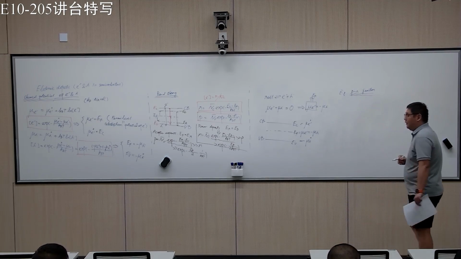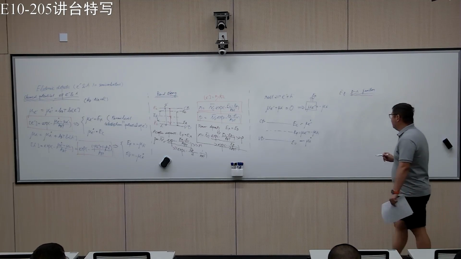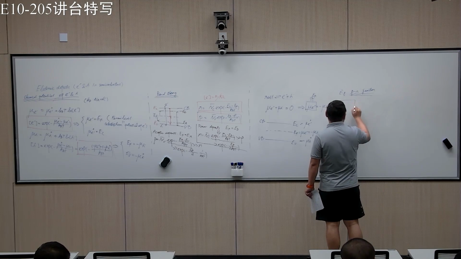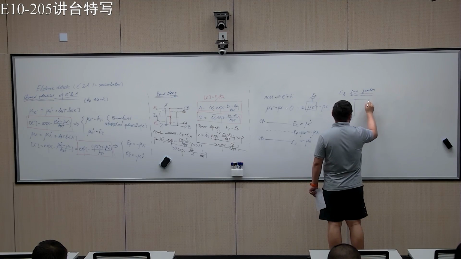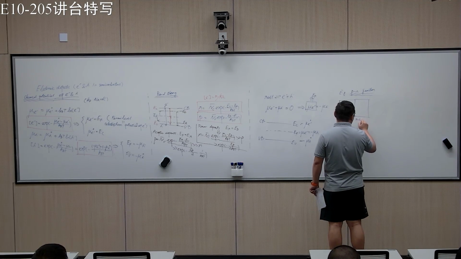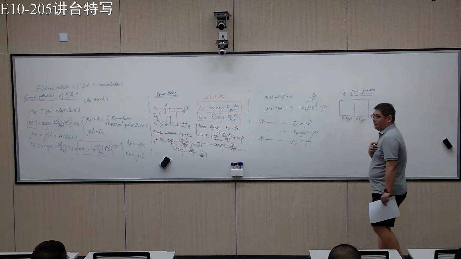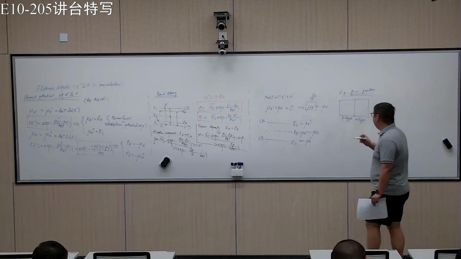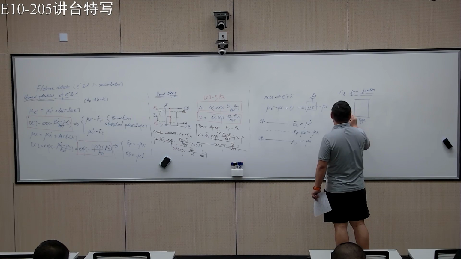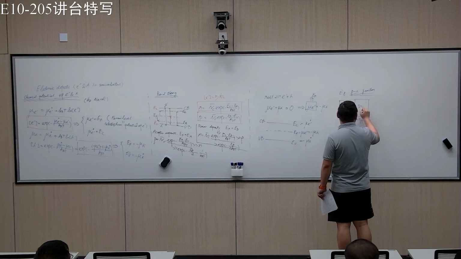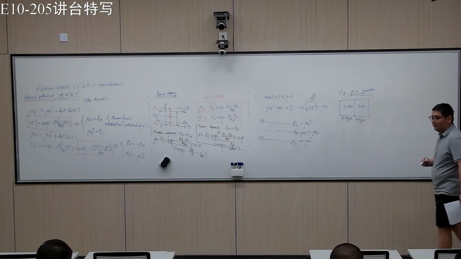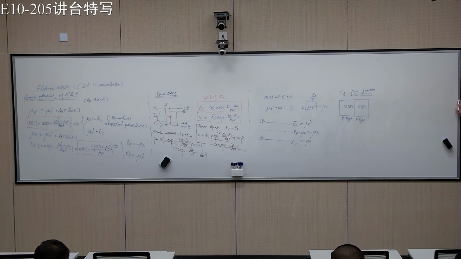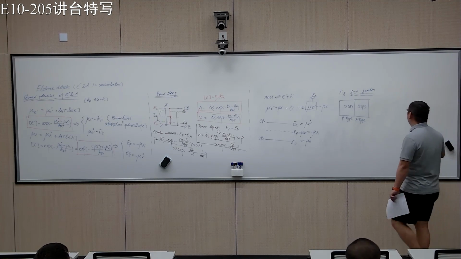So a p-n junction is basically you put a piece of p-type semiconductor together with a piece of n-type. For example, you can have silicon doped with, let's say, boron here, and silicon doped with phosphorus here. If you read the textbook of semiconductor physics, what you usually get is a treatment like this.